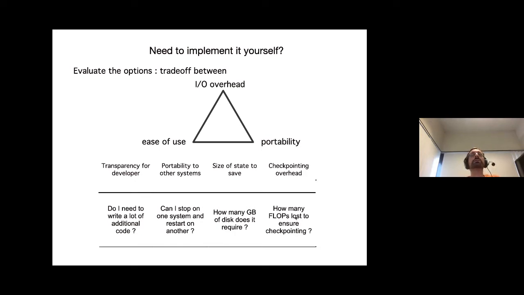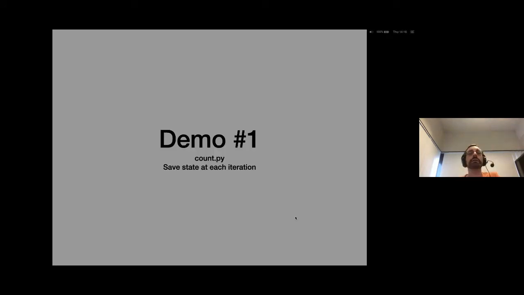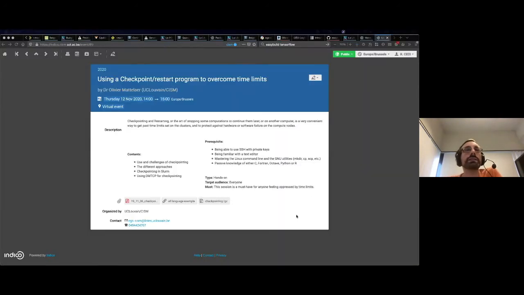So the typical approach, and I will start my first demonstrations, is to save basically at each iteration. That's a very simple example I will show you, which you will all be able to figure out yourself. If you go on the Indico page, you will see the PDF. Then you will see here all the language examples. That's a very old table done by Damien, which contains examples.